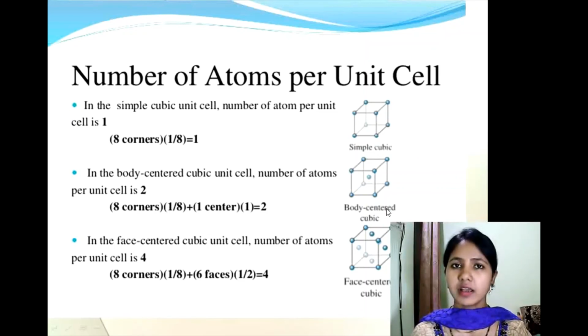Face centered, atoms are present at each corner of the cube as well as the 6 faces of the unit cell. The third one is end centered, in which the constituent particles are present at the 8 corners of the cube as well as 2 opposite faces of the unit cell.